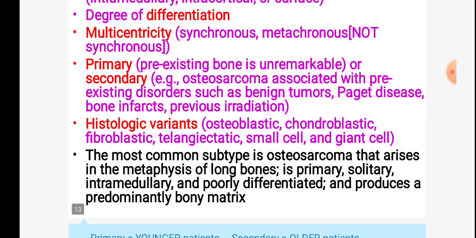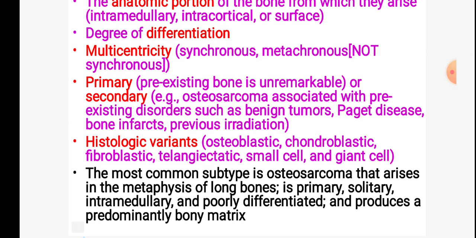primary, where pre-existing bone is unremarkable, or secondary, that is osteosarcoma associated with pre-existing disorders such as benign tumors, Paget disease, bone infarcts, previous irradiation. Then histologic variants. What could be the histologic variants?